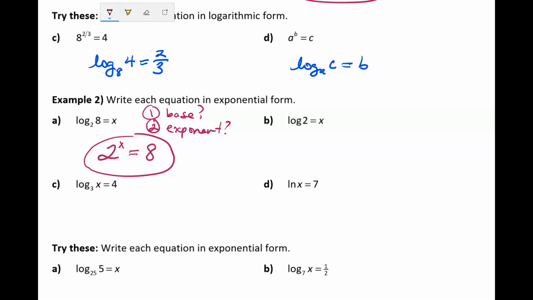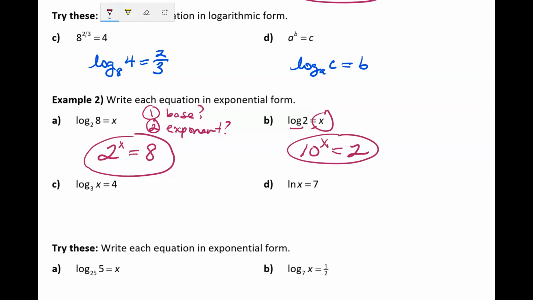All right, we'll do the same thing in B. We have to ask ourselves, what's the base? We don't see a base specified, so if we see the word log, or the abbreviation log for logarithm, that means that it's base 10. And then next question, what's the exponent? Well, a logarithm equals the exponent, so x must be the exponent, and that leaves 2 for the result of the base raised to the exponent.